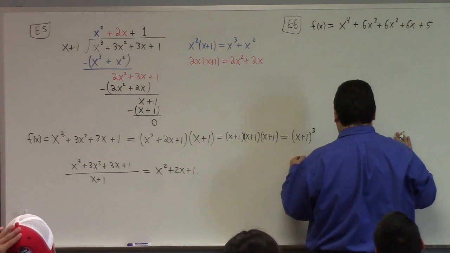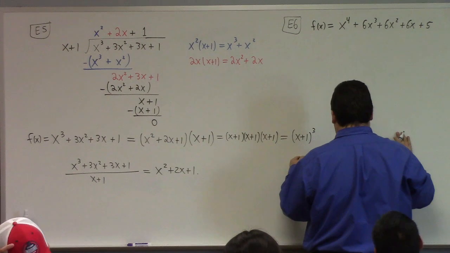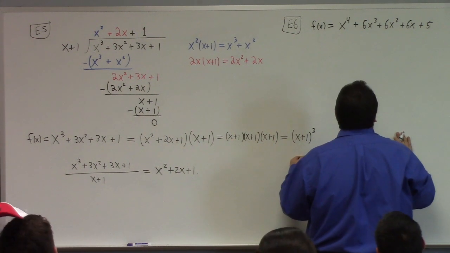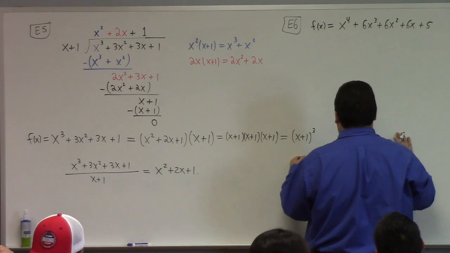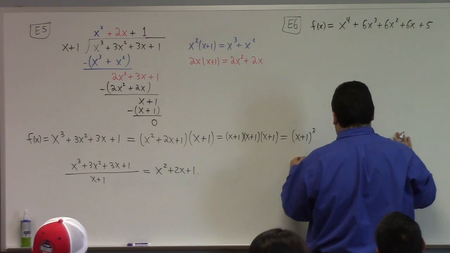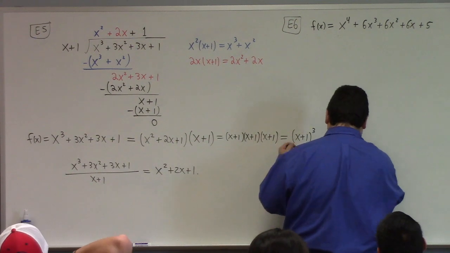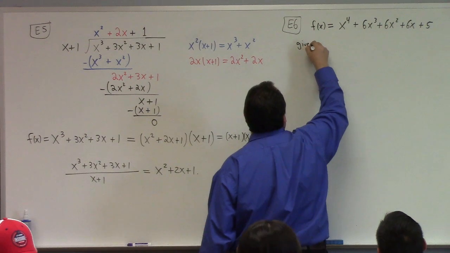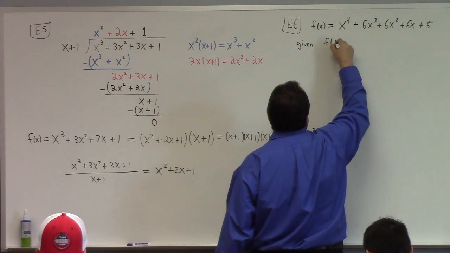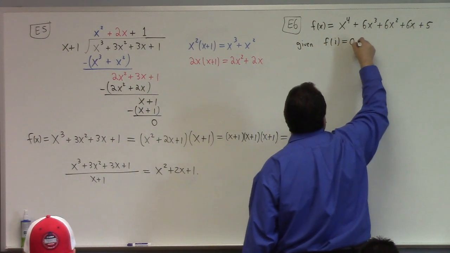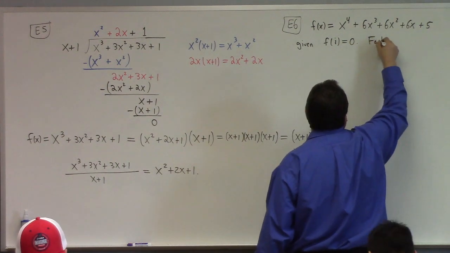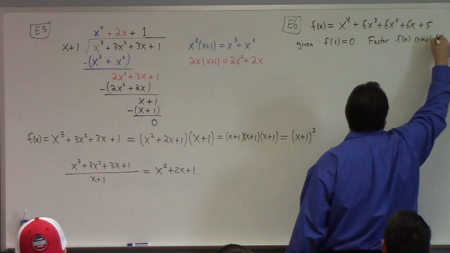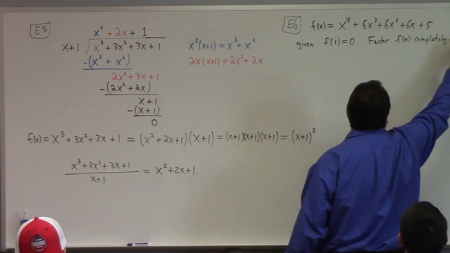Let me just double check that right quick. Okay. And you're given that f of i is equal to 0. Factor f of x completely over the reals.